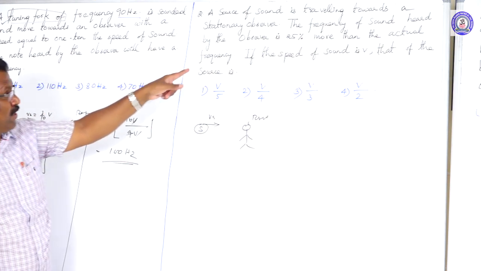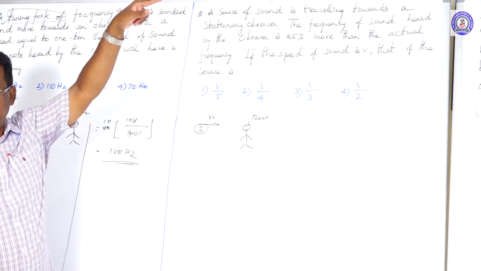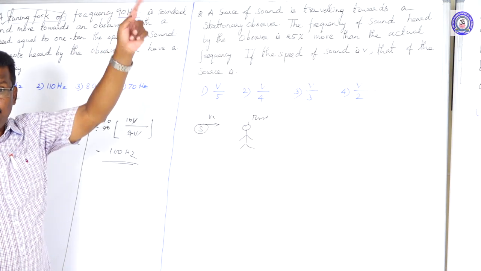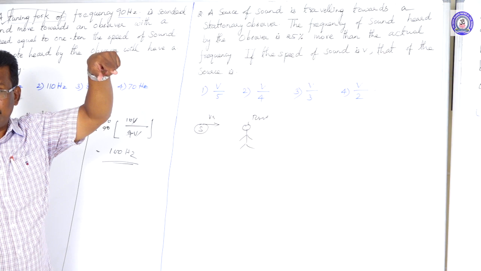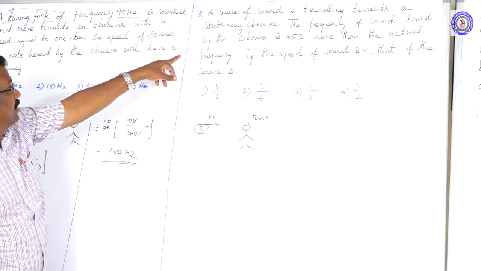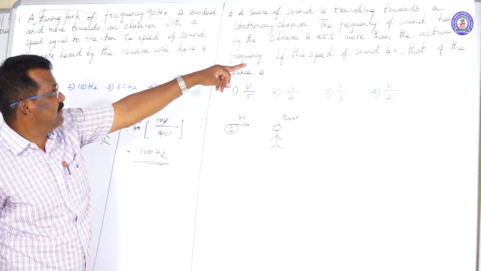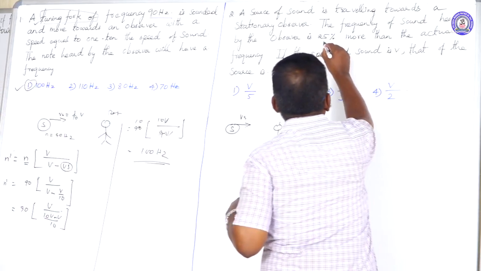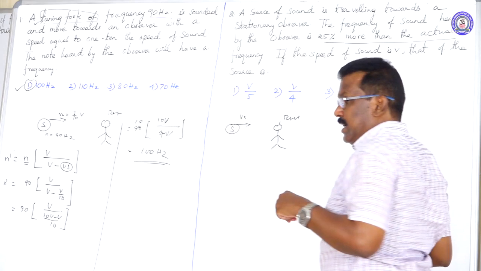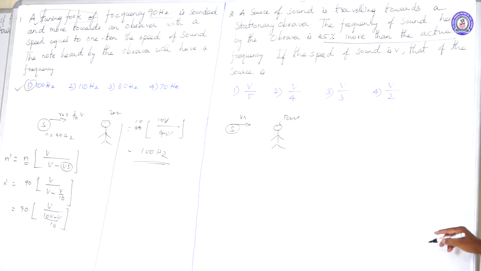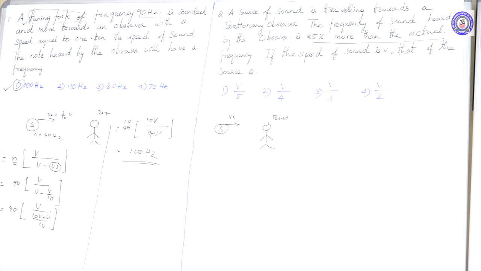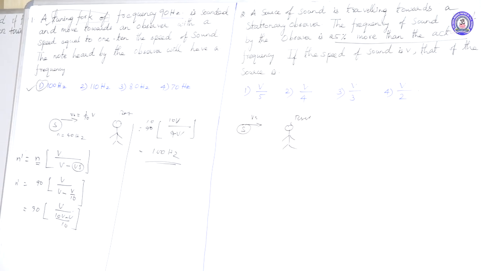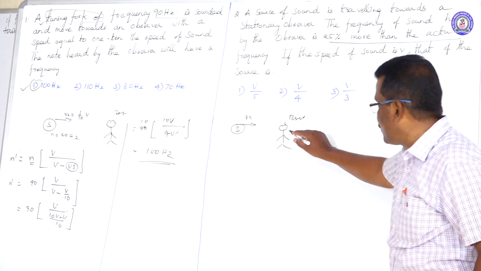Now the increase in frequency is 25% of the original. If the original frequency is 100%, it is 25% more. So the frequency of the sound heard by the observer is 25% more than the actual frequency. If the source emitted 100 Hz, now additionally 25%, totally 125% of the frequency is heard by the observer.